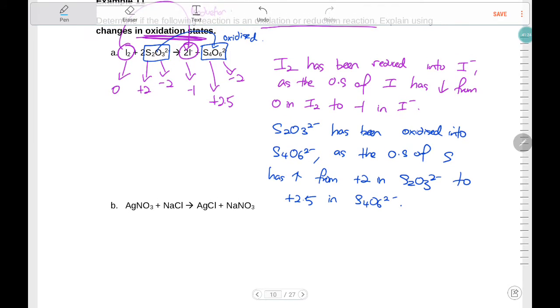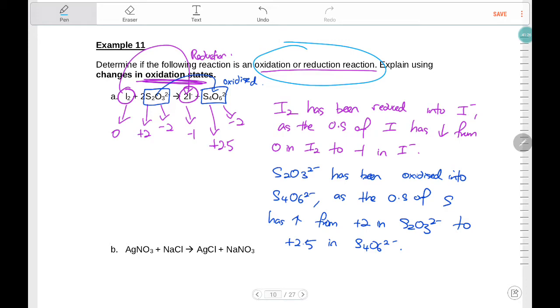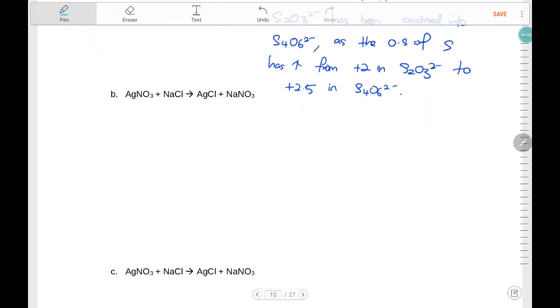Okay, so now since the question is asking is this oxidation or reduction, I will add on that since both oxidation and reduction have occurred, this is a redox reaction.